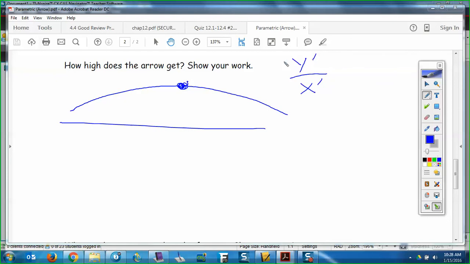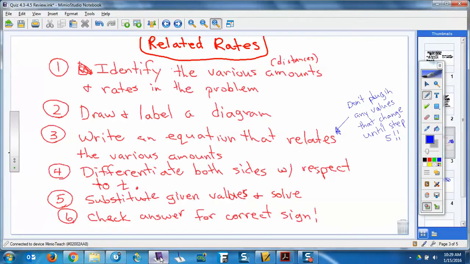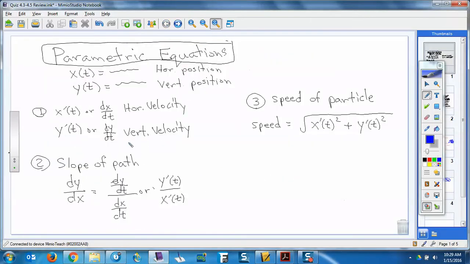When is the slope 0, which is y prime over x prime? But when is a fraction ever 0? When the top is 0. So you really only have to solve that. Okay? And actually it makes sense because when we want to know how high it gets, we want to know when it quits going up. So we want to know when its vertical velocity is 0. And remember, when we go back to this, vertical velocity is y prime.